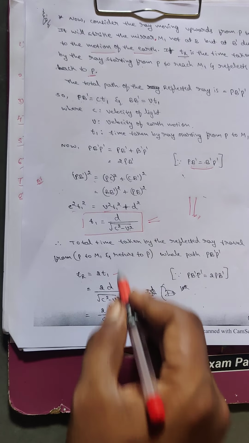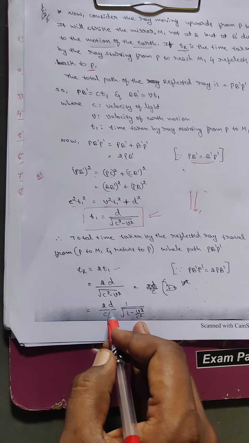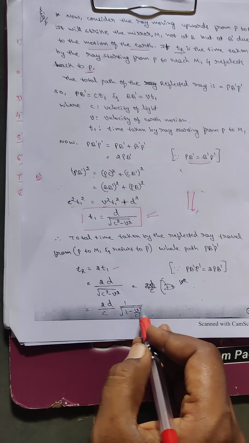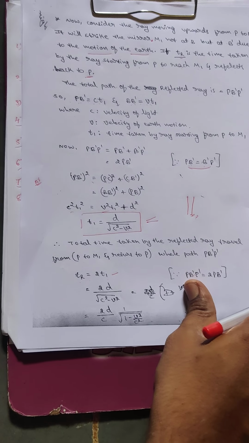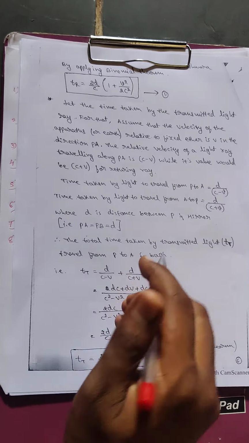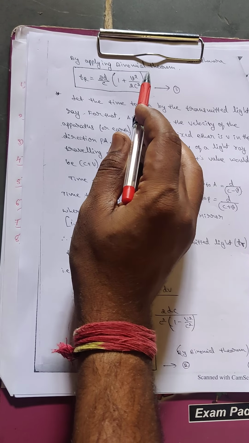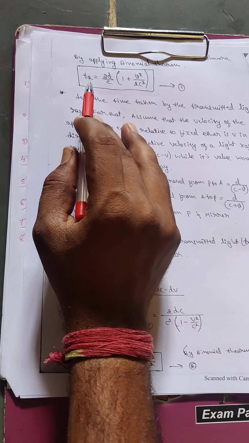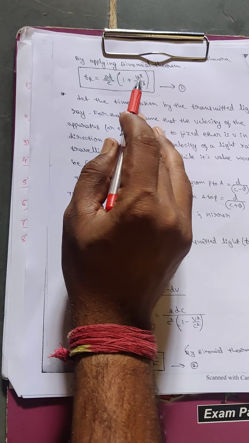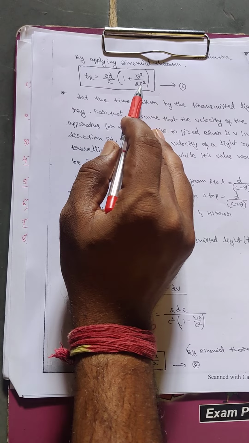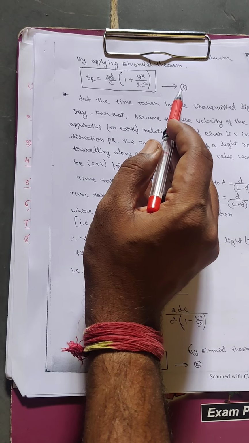Substituting the value of T1 above, we get 2D divided by C, times 1 divided by the square root of 1 minus V square by C square. After that, by applying the binomial theorem, we get the final equation: T_R is equal to 2D by C, bracket 1 plus V square by 2 C square. This is equation number 1.